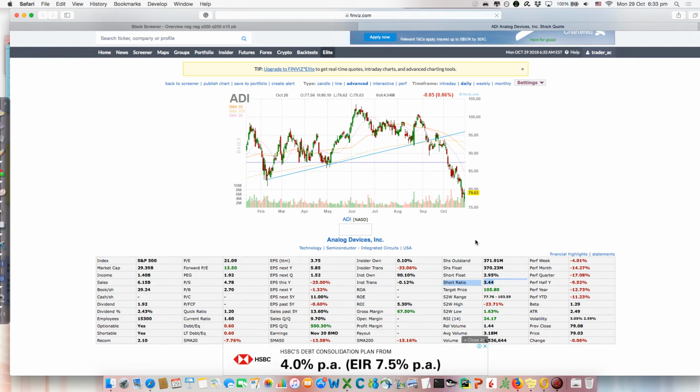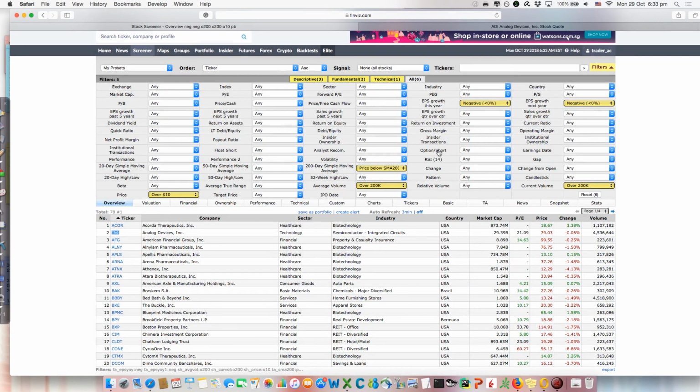Because if this number is too high, say above 8, just to give you an indication, it may not be safe to short because it may be very hard to close your position. So we also want to check that the stock we want to short sell has a short ratio below 8. In this case, yes, it's below 8, it's fine. Okay?